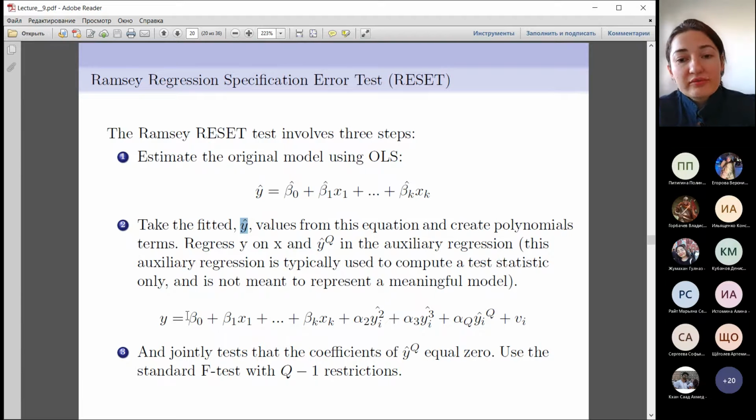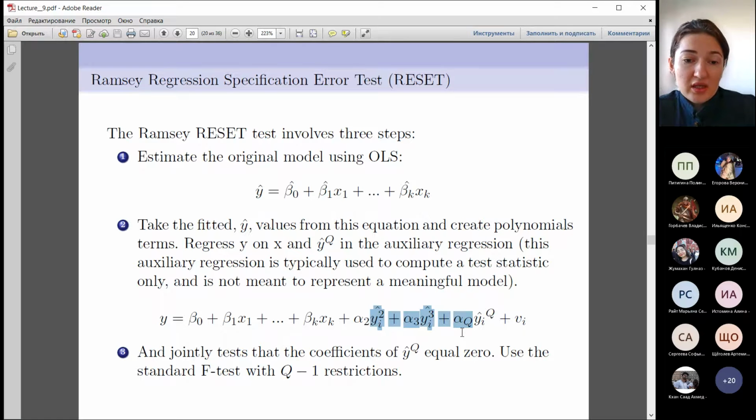This is just an auxiliary regression that we want to use to compute a test statistic only, and we will not be interested in the estimates of these parameters really. We only want to test whether we have missed some important non-linear variables in our model.